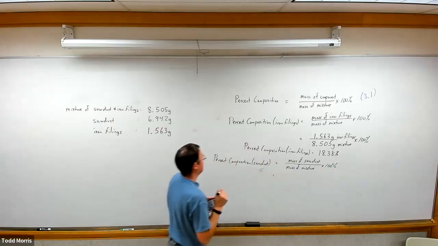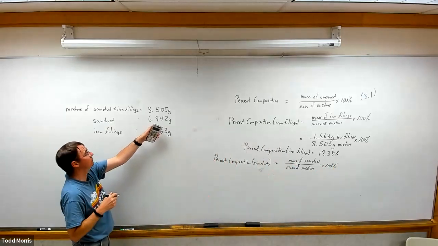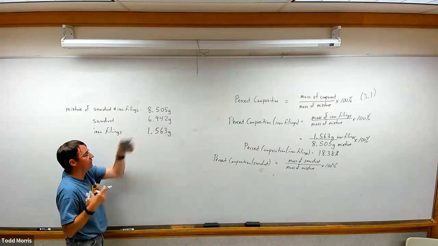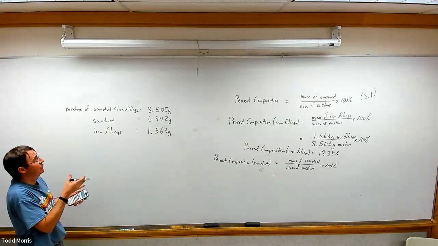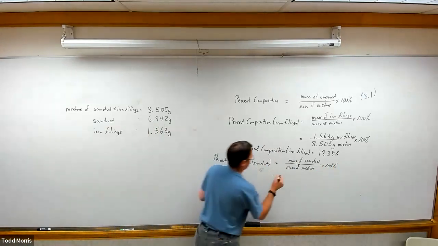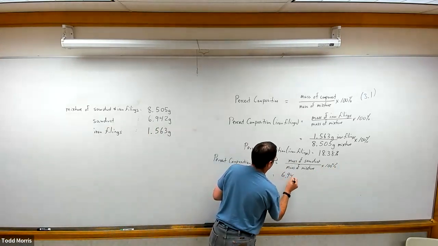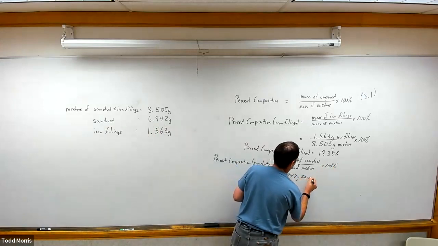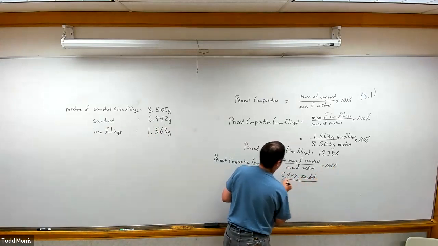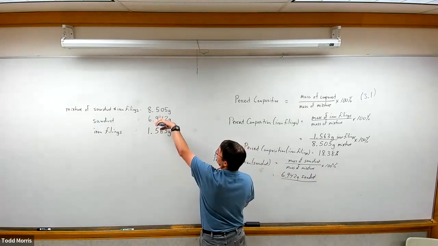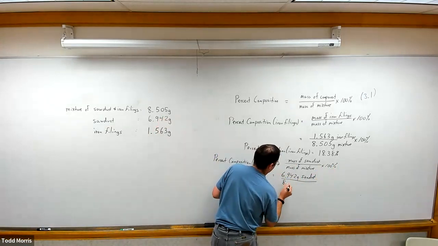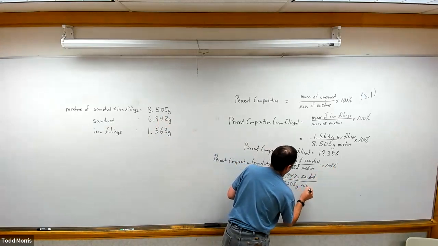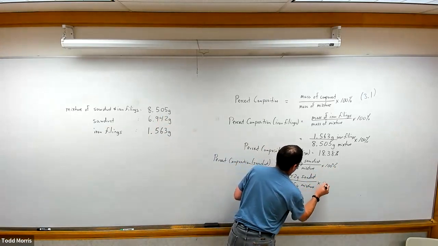So look at our numbers. The mass of sawdust is exactly what the student found, 6.942 grams. That's how much was left after she removed the iron filings. So 6.942 is our numerator, compared to the original mass of the mixture, 8.505 grams, times 100%.